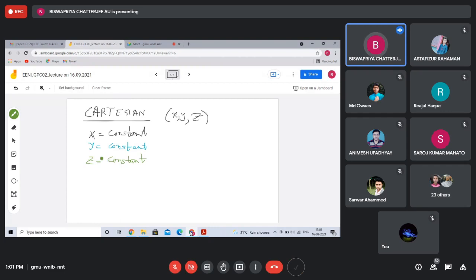What will happen when z equals constant? I have already discussed. So please tell me, if you keep x equal to constant and y and z vary, what geometry will evolve? If you keep y constant, and x and z vary, what geometry will evolve? And similarly, if z is constant and x and y vary, what geometry will evolve?